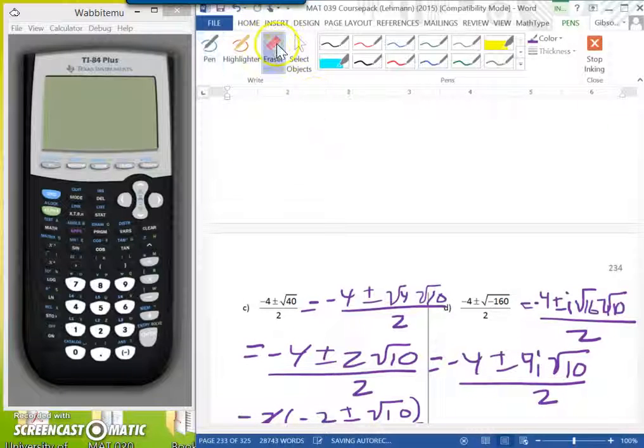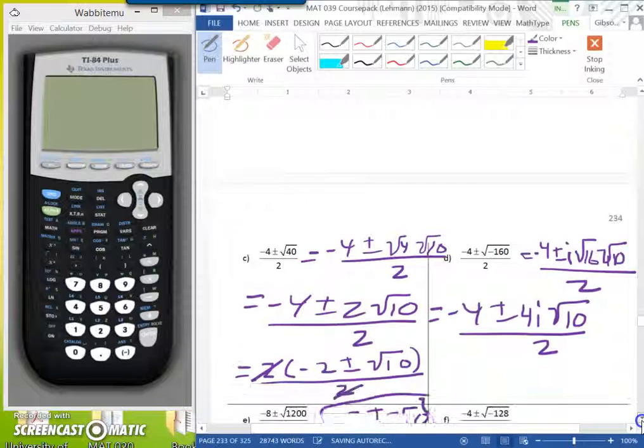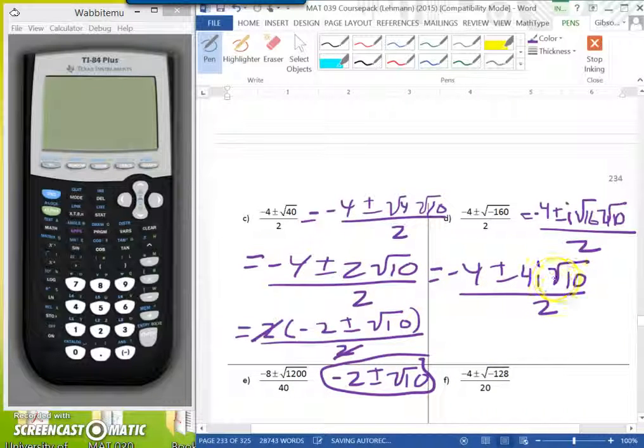I don't know what it is about these 4's. They keep having these little lines making it look like a 9. Okay, now, with this negative 4 and 4i, we could both factor out 2's here. Or actually a 4. We could factor out 4. And this will give us negative 1 plus or minus i square root 10, and that'll be all over 2.